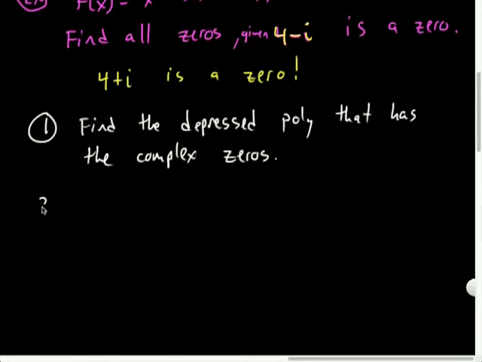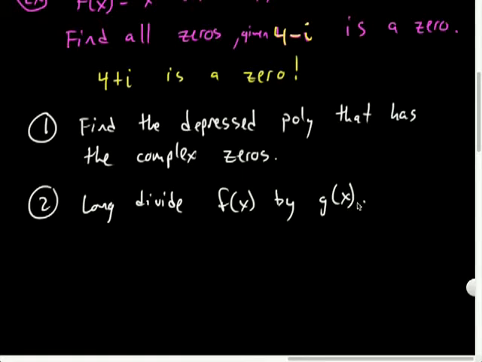Then step 2, I'm going to long divide the original polynomial by the depressed one. So I'm going to long divide f of x by g of x. Now g of x will contain these two zeros. The result is going to be another depressed polynomial that contains the zeros that I don't know of yet. Okay?